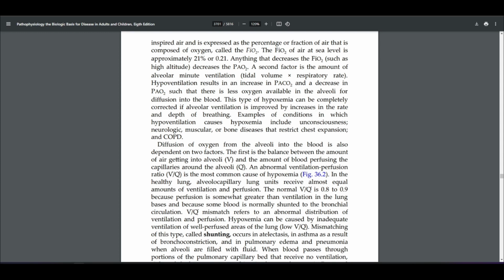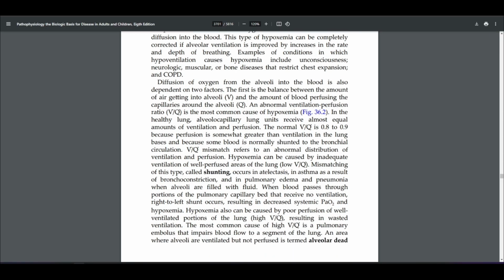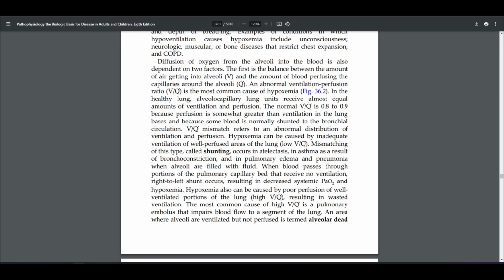Examples of conditions that cause hypoventilation and hypoxemia include unconsciousness, neurologic, muscular, or bone disease that restrict chest expansion, like COPD. Diffusion of oxygen from the alveoli into the blood is also dependent on 2 factors.